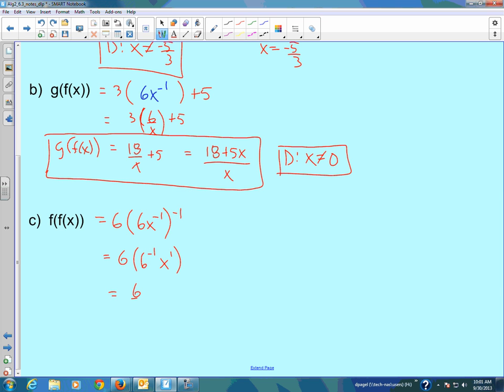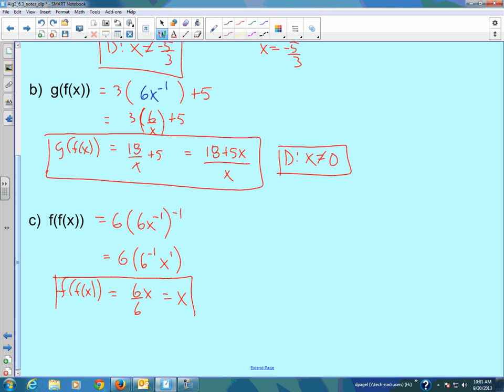This becomes 6 over 6 times x, or just x. So there's what f of f of x was.